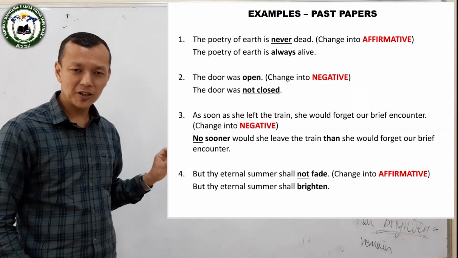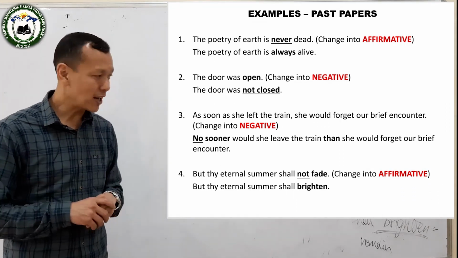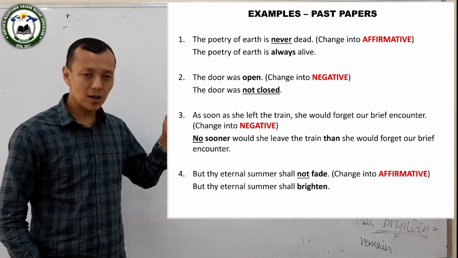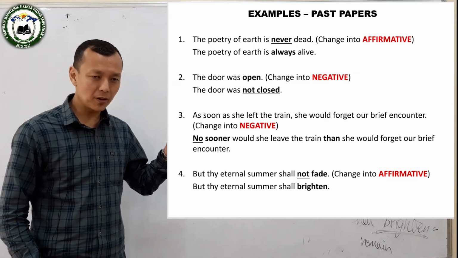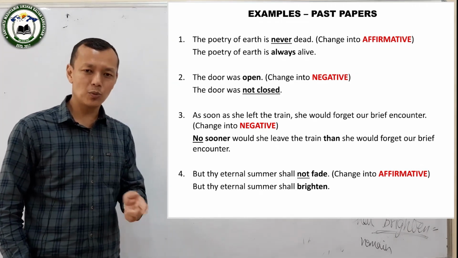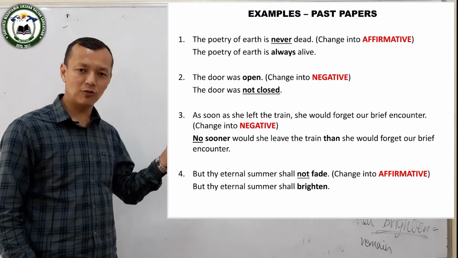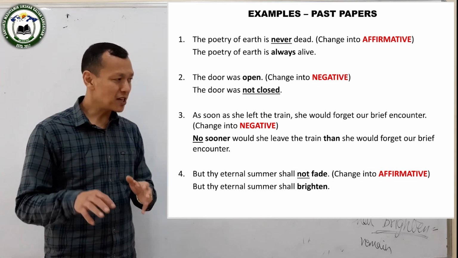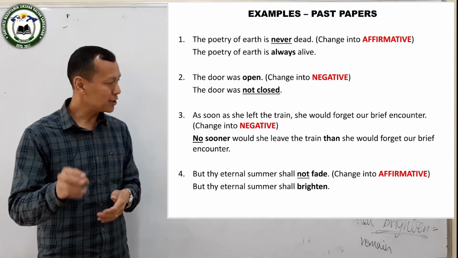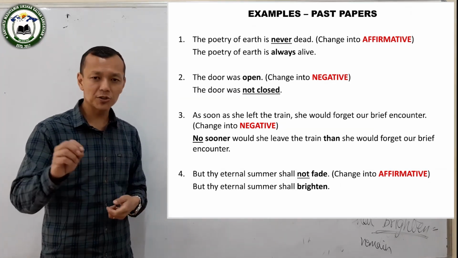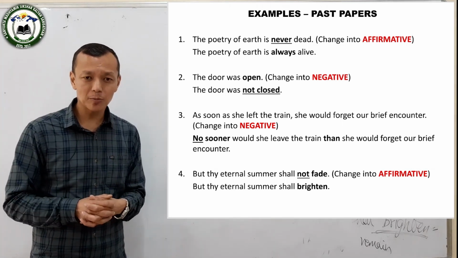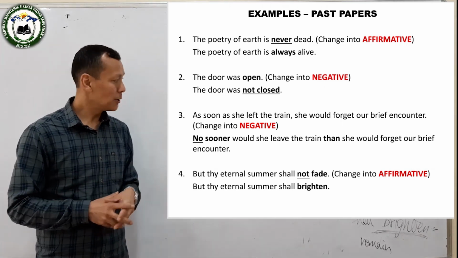Not. जब तपाईले नट लेख्नु भयो त्यो नेगेटिभ सेन्टेन्स भइहाल्यो. अब त्यहाँनिर पनि हामीले अपोजिट वर्ड लेखेछौँ. In the question the word used was open, in the answer the word we have written is closed, opposite of open. आन्सर तपाईले द डोर वाज नट ओपन लेख्नु भएन, because the meaning of the sentence gets changed.